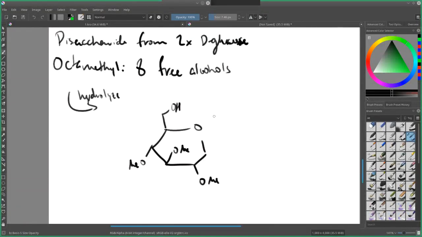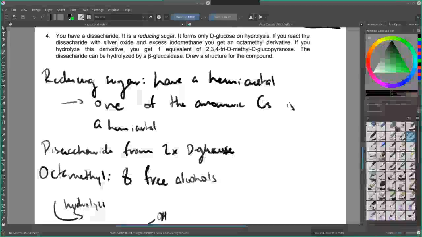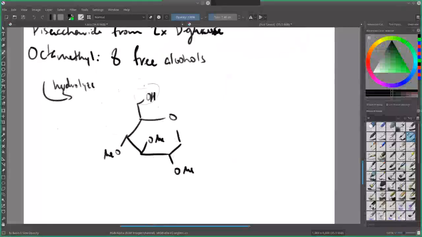Okay. And there we go. So we get one equivalent of this thing, and, where am I lost? Okay. Yeah, and this 6th carbon is free.